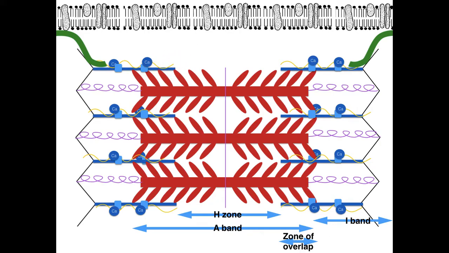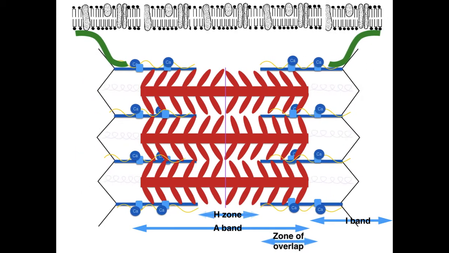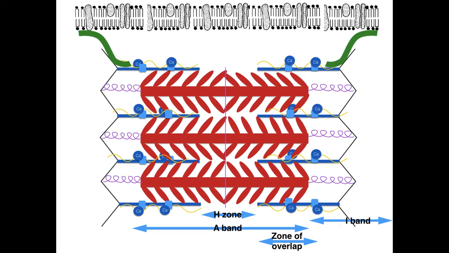So now we're going to undergo our sliding filament mechanism, and we have a power stroke. That power stroke pulls the thin filaments in towards each other, and see how that force has been transferred to the membrane, and the membrane has contracted just a little bit.